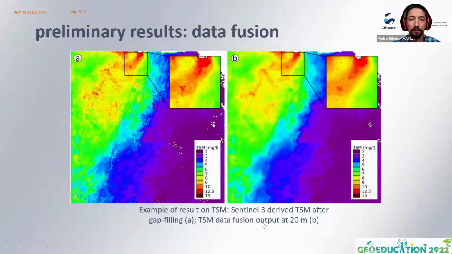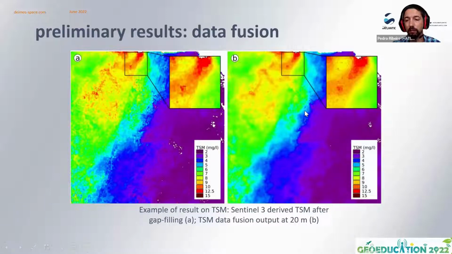And then for the data fusion phase, here are just some results. The first one on the left is the Sentinel-3 image, the original image, and the second one is derived already by combining this with Sentinel-2 data. It's quite a complex algorithm that's being used.